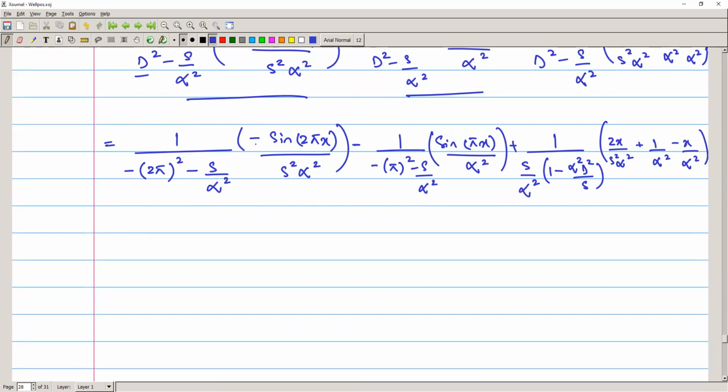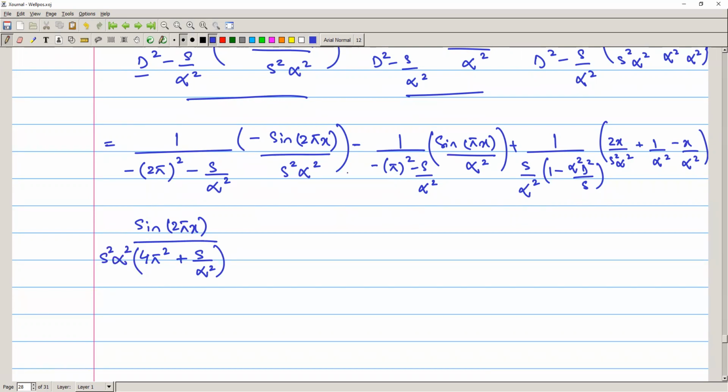Now negative and negative will be positive, and we can write it in this form: sine 2 pi x divided by 4 pi squared plus s over alpha squared times s squared alpha squared, right?